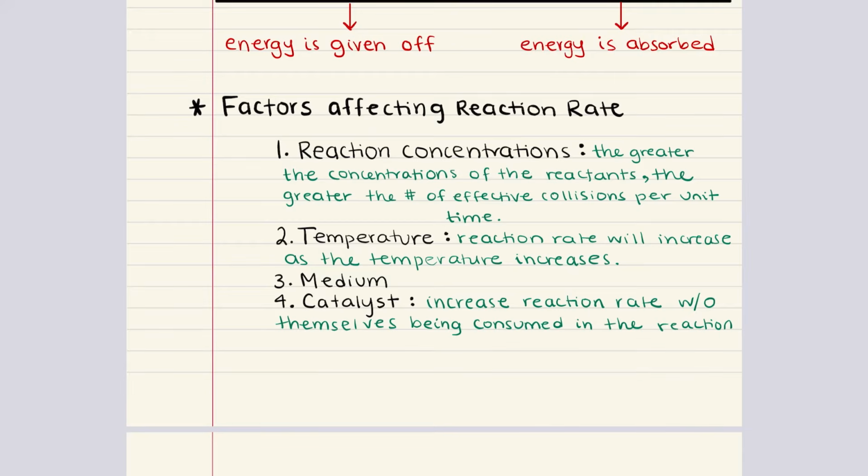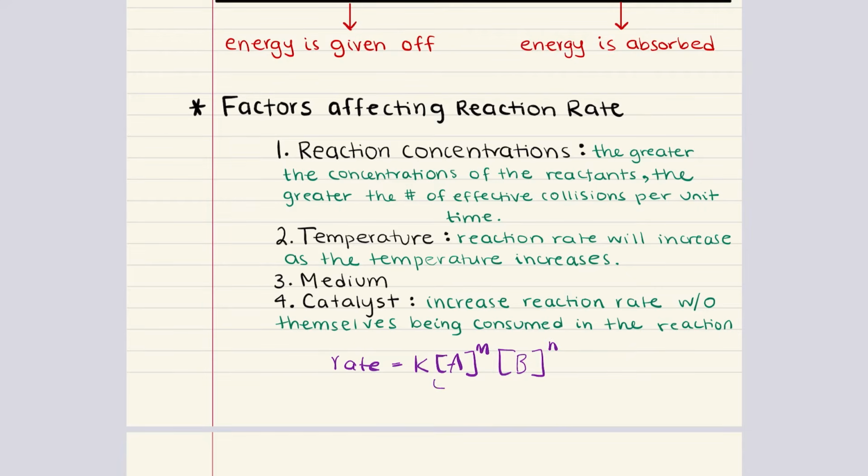And the general form of a rate equation is as follows. Rate is equal to k, where k is the rate constant. This is a proportionality factor that is specific to a particular reaction at a given temperature. Then that's multiplied by the concentration of the reactant A, raised to a reaction order, m, multiplied by the concentration of reactant B, also raised to some reaction order.